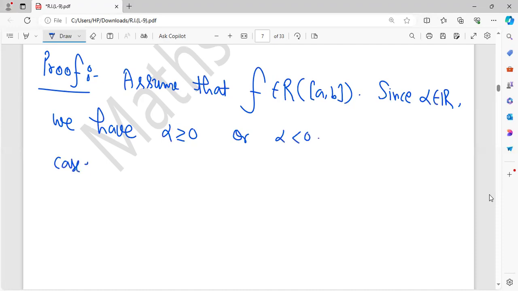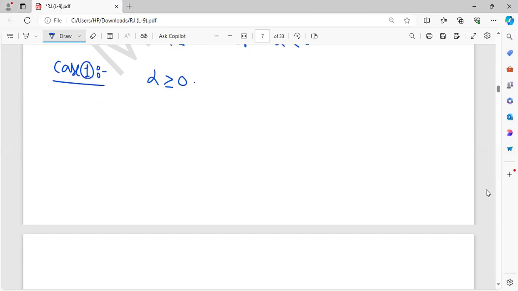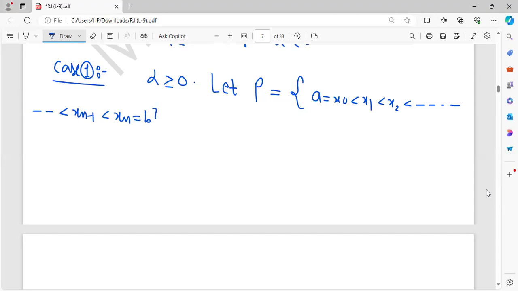So case first, alpha is greater than or equal to 0. Let P equal a, x0, x1, x2, up to x(n-1), xn equal to b be a partition of the closed interval [a, b].